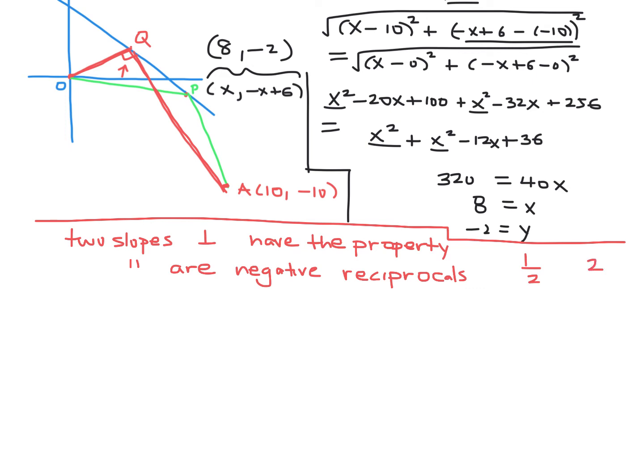So the reciprocal is 2 and then negative. Or another way to do it, if this is m1 and this is m2, m1 times m2 is equal to negative 1. And that's also a property of negative reciprocals. So I think that's what I'm going to do in this question. It's probably better than Pythagoras, using that and then calculating the distance here and distance here. I think that would be a little too complicated.